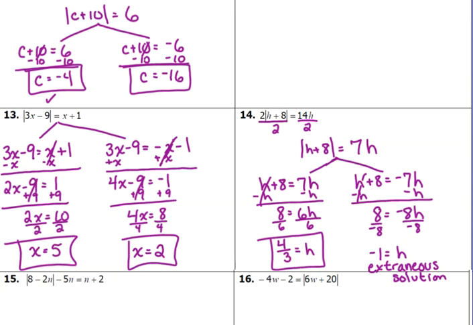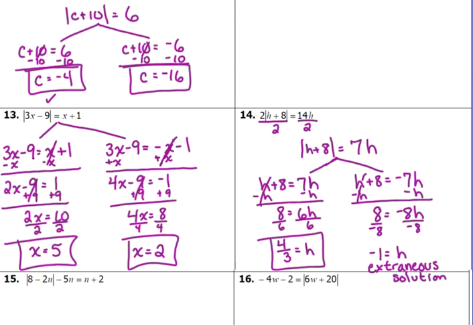They'll give you answer choices, and I could see them having a column for solutions and extraneous solutions. So you would take the answer choice of 4 over 3, drag it into the solution box, and negative 1 would be an extraneous solution.